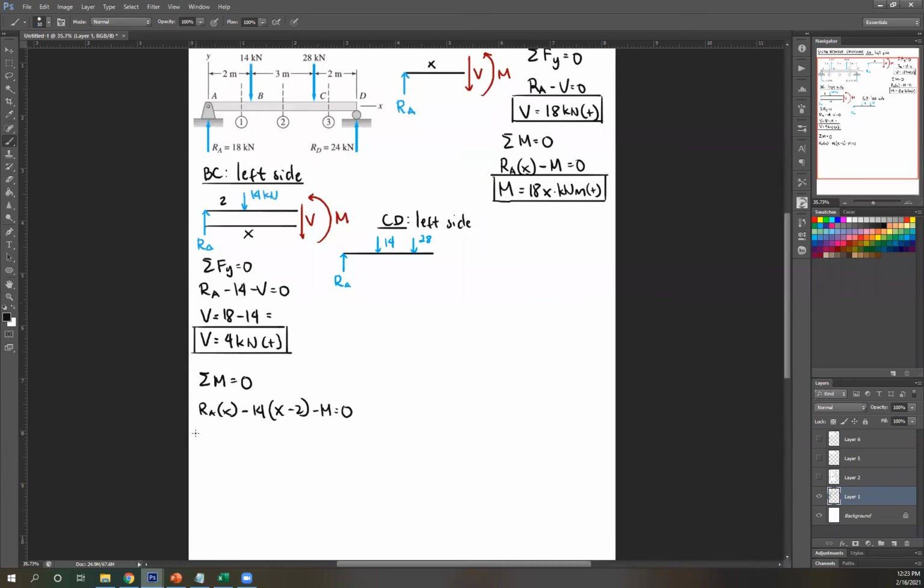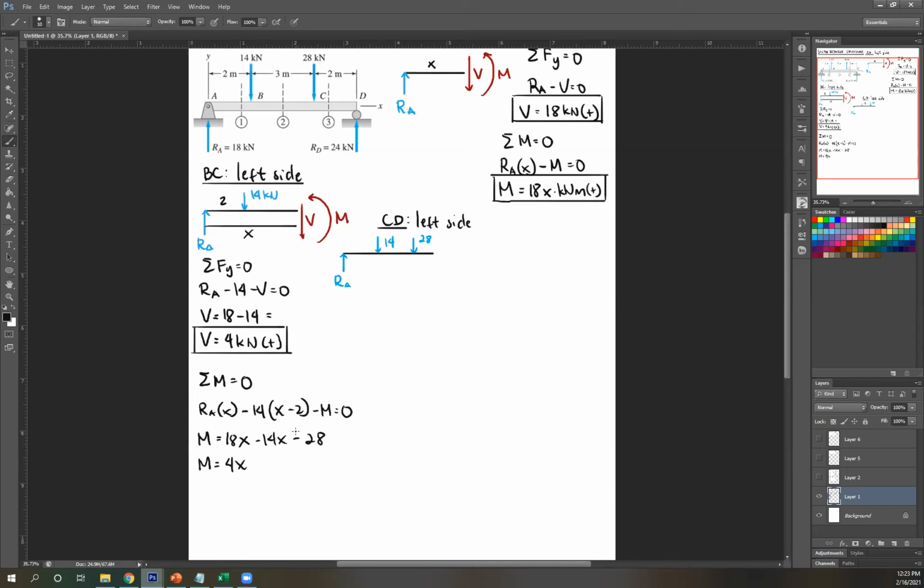Therefore, solving for M equals RA is 18, so again, 18x minus 14 times (x minus 2). Then simplifying, 18 minus 14 is 4x.